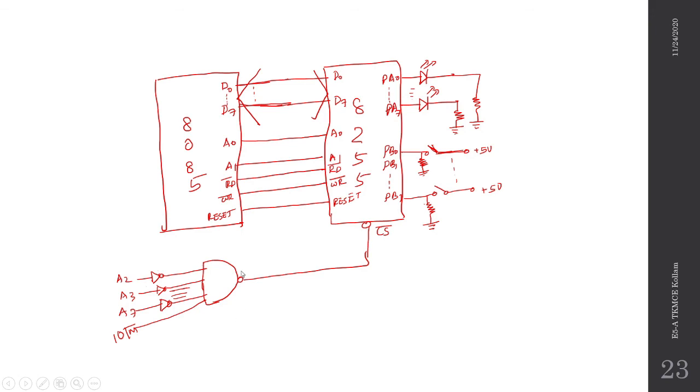So by means of NAND logic, we can obtain an active low CS bar signal in order to activate the 8255 IC. So this is the complete interfacing circuit to interface 8 switches and 8 LEDs with the 8085 microprocessor using the PPI 8255 IC.